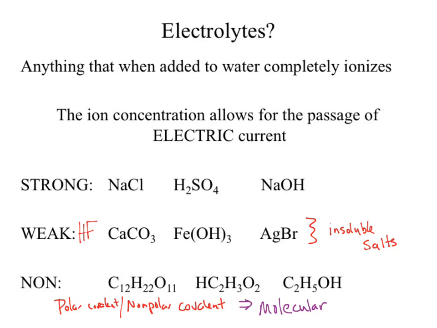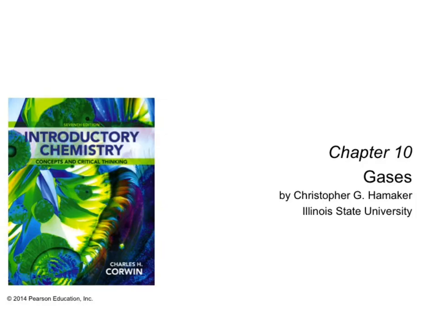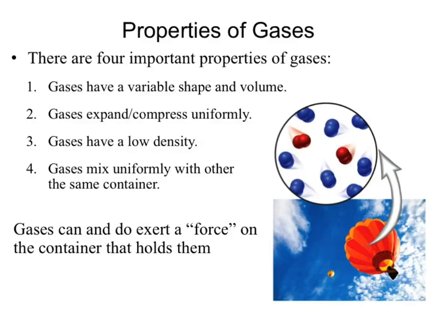If there are no questions, officially we'll move into gases. There's a whole bunch of slides on it. We'll see what happens. Properties of gases. You should, in theory, know these already. Variable shape and volume, meaning I can change the volume and the shape and it'll still maintain the gas.